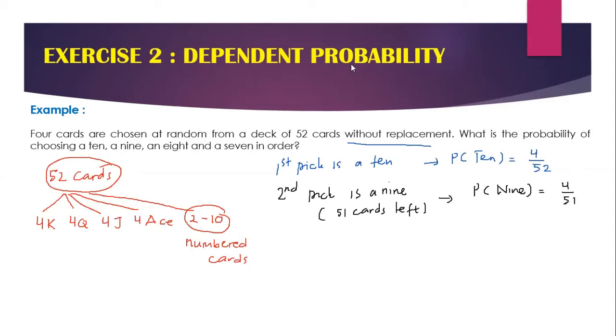Next, we go to the third pick. The third pick is an 8. As you know, now we have 50 cards left.